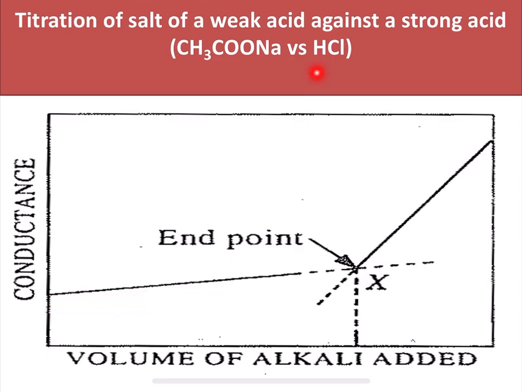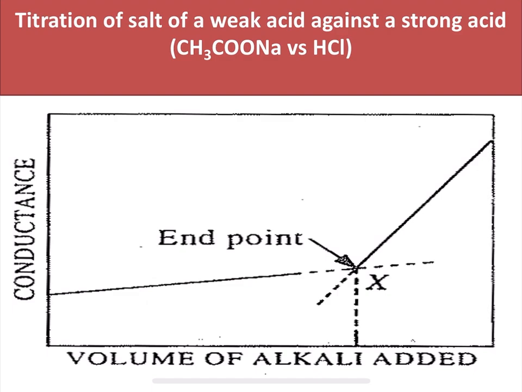On adding hydrochloric acid to sodium acetate, sodium chloride forms, and that sodium chloride has almost the same conductance as the acetic acid. So that is why we do not observe any appreciable increase in the conductance.